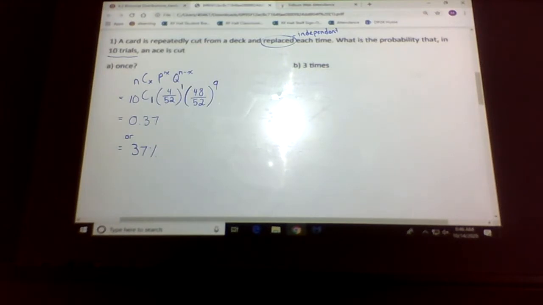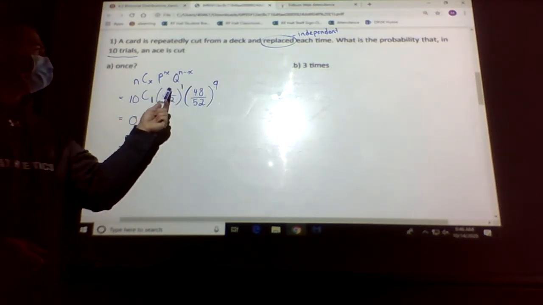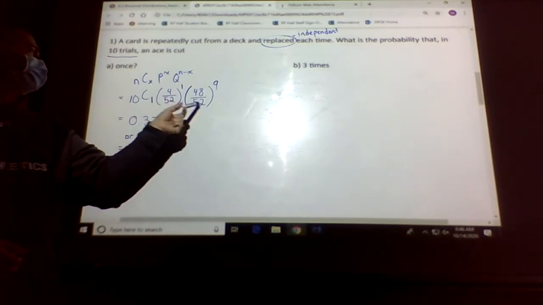By the way, it's okay to put decimals in here. If you did 4 divided by 52, you can figure out the decimal if you want to.